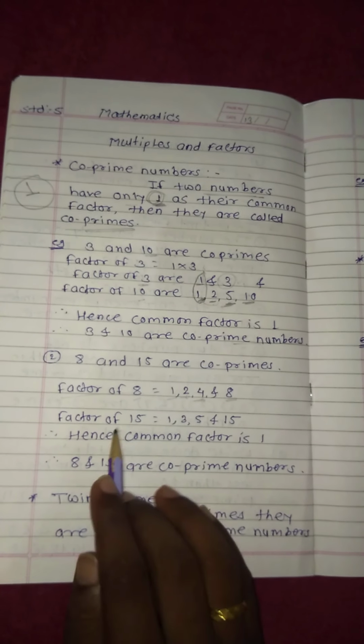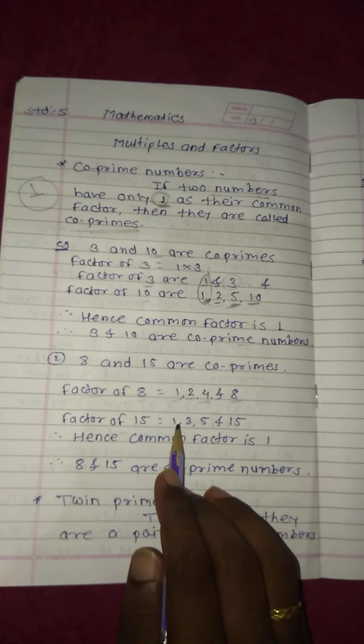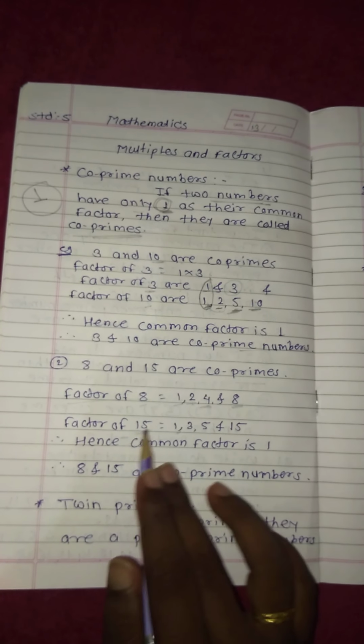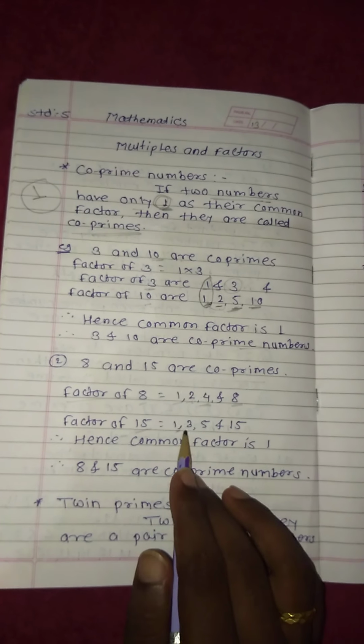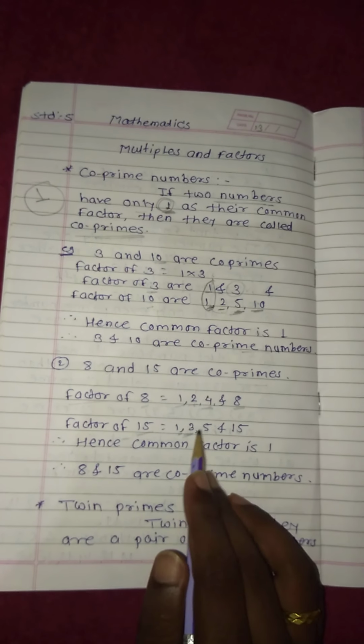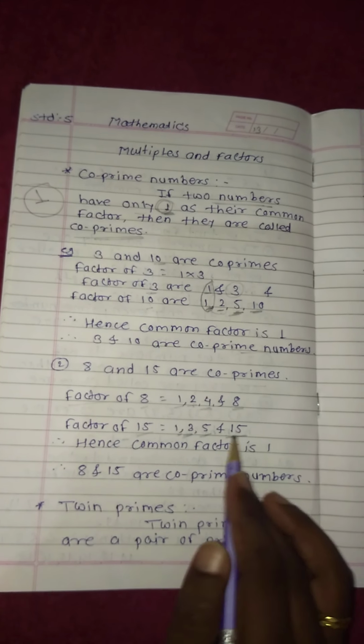Now the factors of 15: 1 is a factor of every number. 2 is not a factor of 15, because 15 is not present in the table of 2. But in the table of 3, 15 arises, so 3 is a factor. Then 5, since in the table of 5 15 arises, and 15 itself.